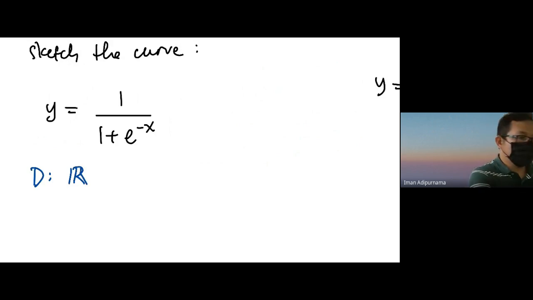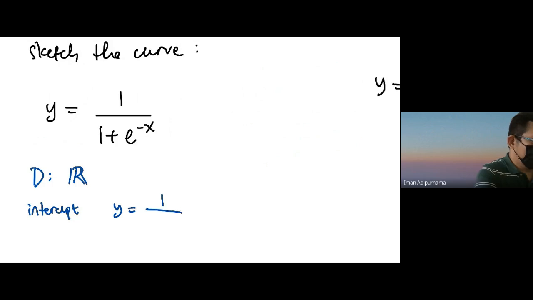And then the intercept: y equals 1 over 1 plus e to the 0, so this will be 1 half.